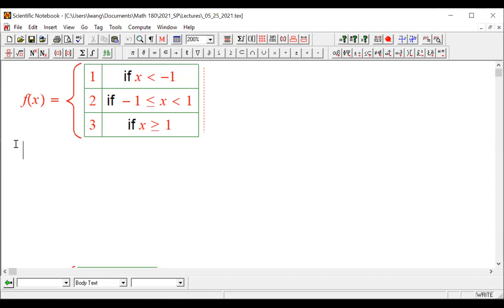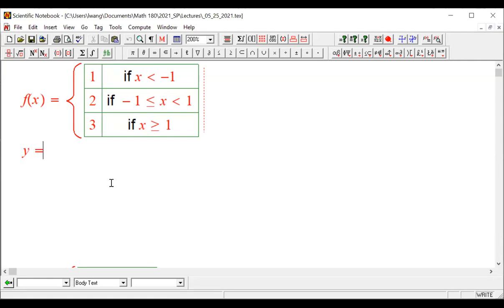You see, this function divides the entire number line into three pieces: less than -1, between -1 and 1, and greater than or equal to +1. So if I put a number line in place, let me set up the rectangular system.